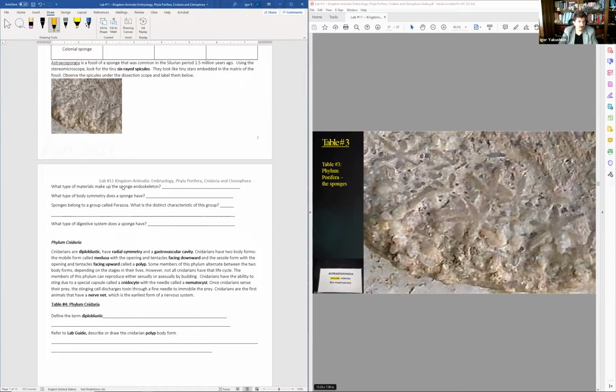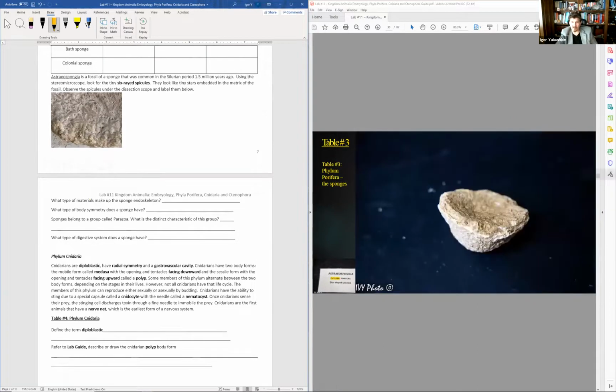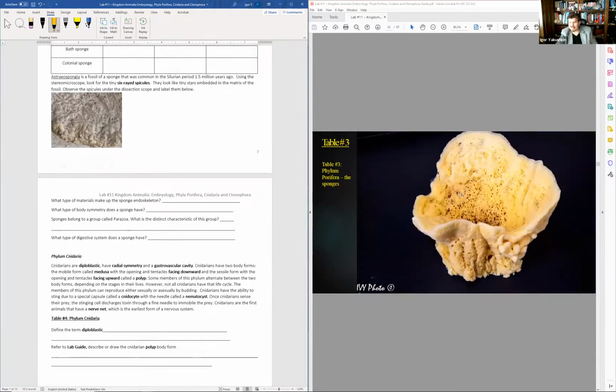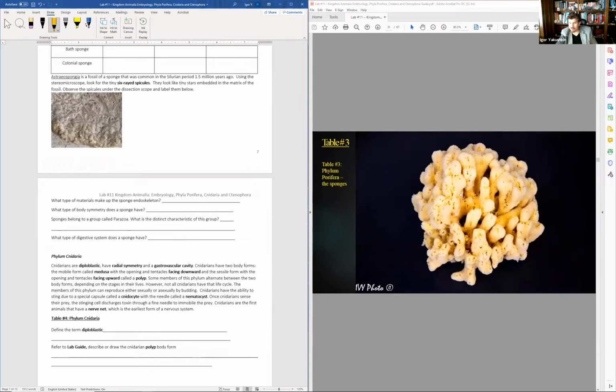So what type of body symmetry does a sponge have? In huge letters: no symmetry. Please make sure that you understand that. Some of those sponges kind of look symmetrical, but technically they're not.